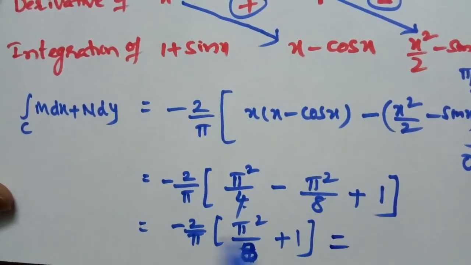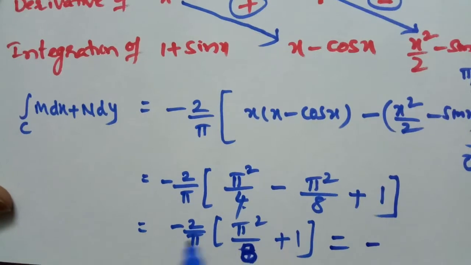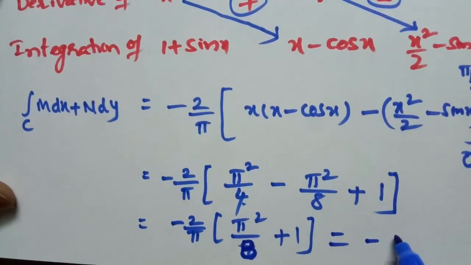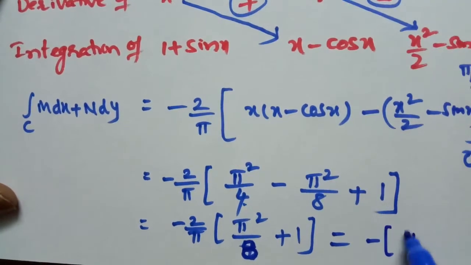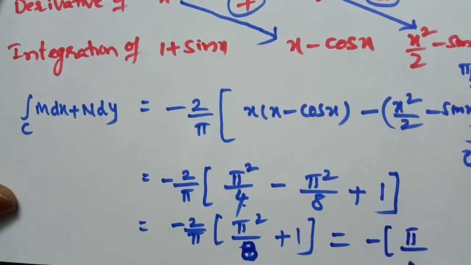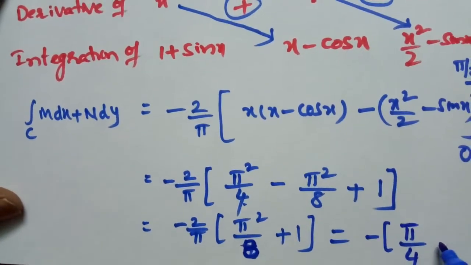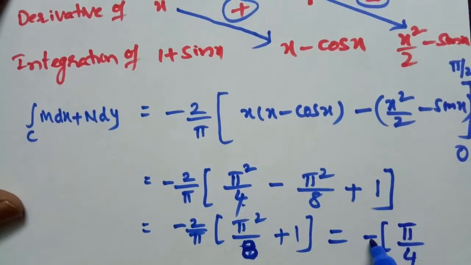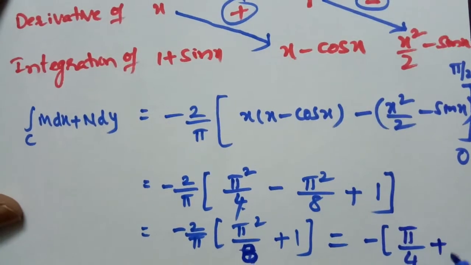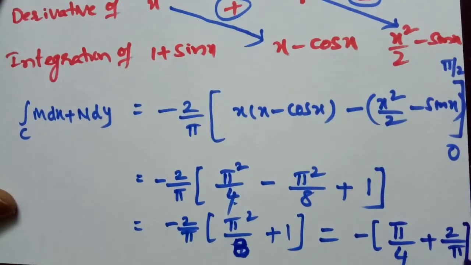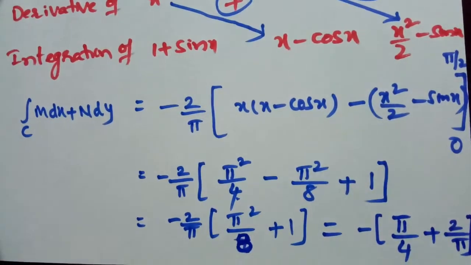That is equal to minus pi cancel. 2 ones, 2 4s cancel. That is pi by 4. Plus 2 by pi. This is the required answer.